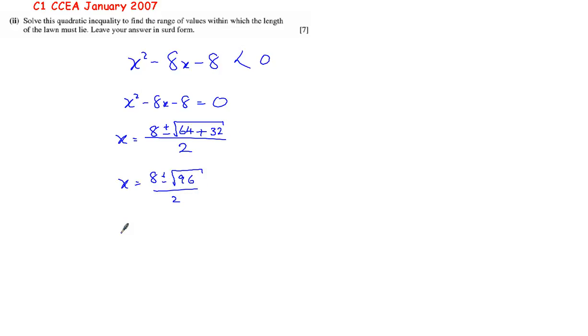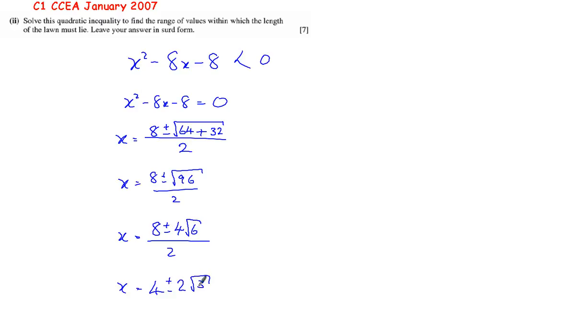Now I know that 96 is 16 times 6. So x is equal to 8 plus or minus root 16 times root 6, and root 16 is just 4. And root 6 I'm going to leave as root 6. That's all divided by 2. So x is equal to 4 plus or minus 2 root 6.